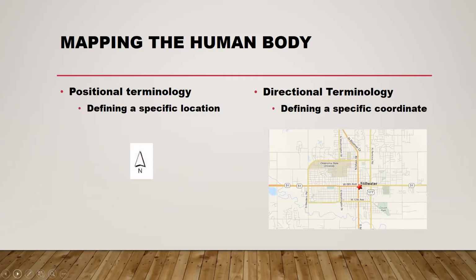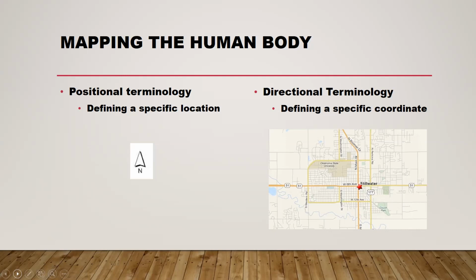Mapping the human body, we need to have a way to express what we're seeing or what we want clients to see or what we want another health professional to understand. We need to be able to paint a picture for them, describing where maybe the problem lies or what is occurring.